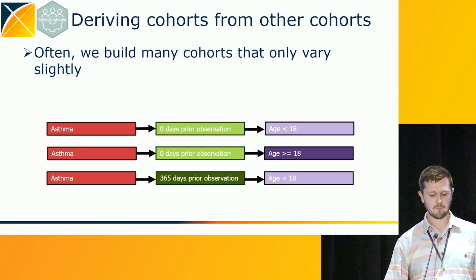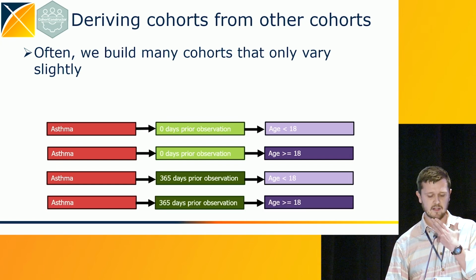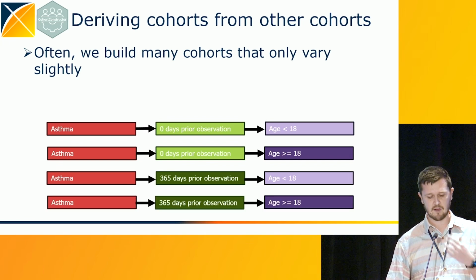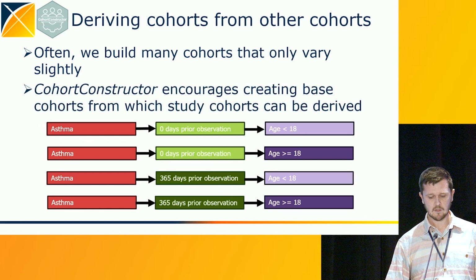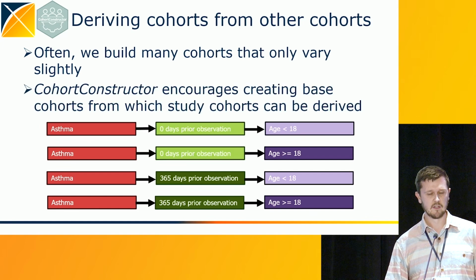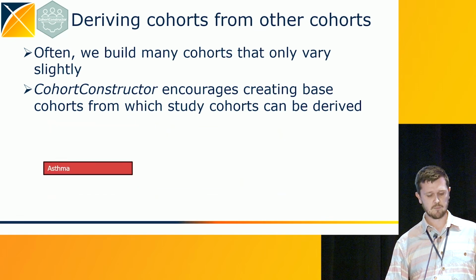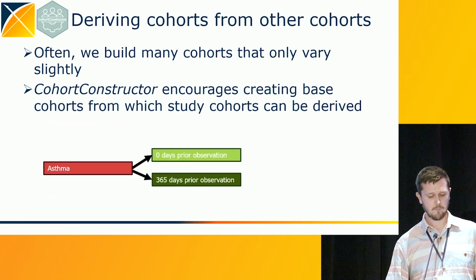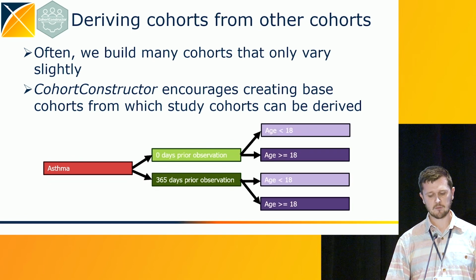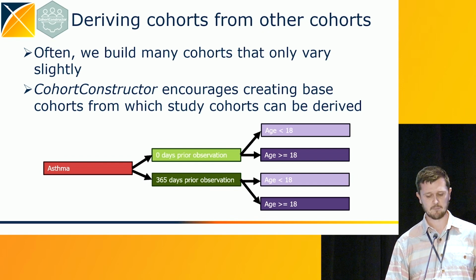And then we might have a couple of sensitivity cohorts where we add the requirement of 365 days prior observation. So CohortConstructor encourages building a base cohort from which these subsequent study cohorts can be derived. In this approach, you'd build your asthma base cohort, and then you'd apply the requirements about prior observation, and you get 2 cohorts back. And then you'd apply the age criteria, you get 4 cohorts back, and you'd end up in the same place as before.